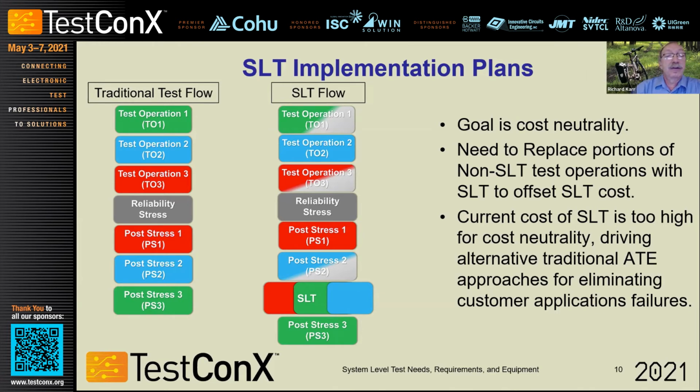The interpretation of this compromise is that there must be replacement of traditional ATE tests with new SLT testing.